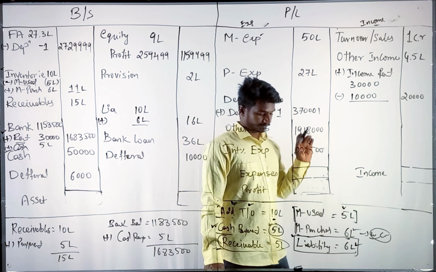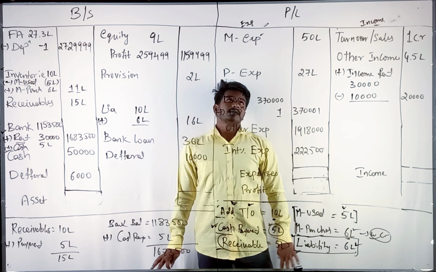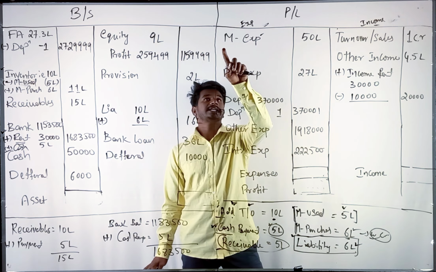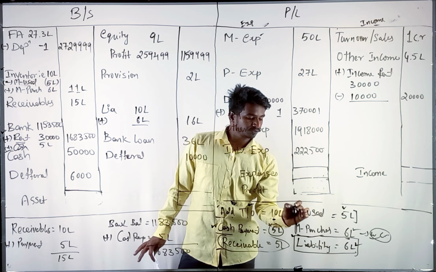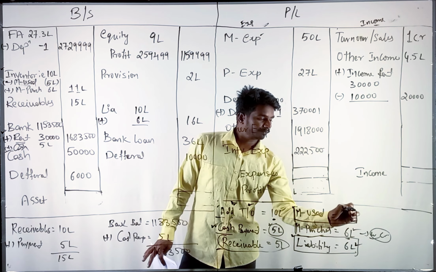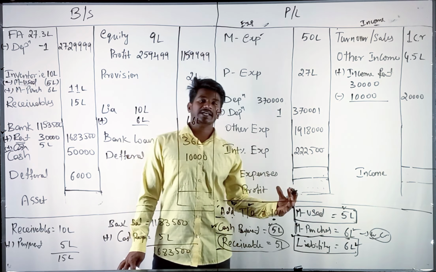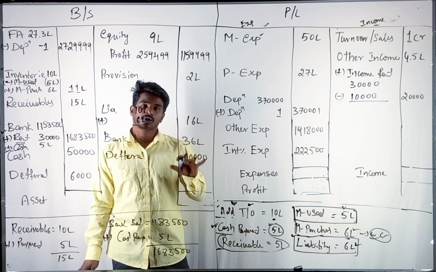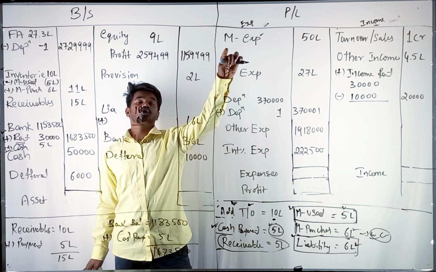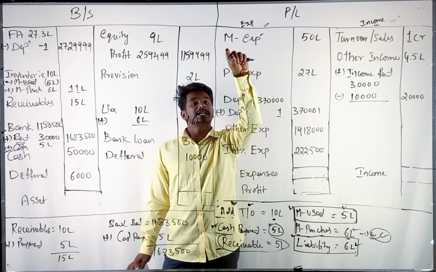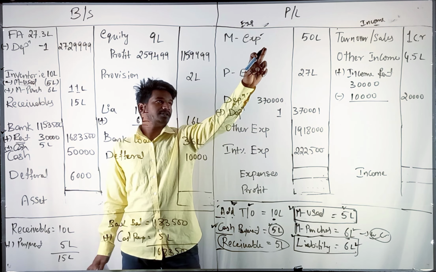Is that fine? Yes. The next thing we should do is P&L. First, material expenses. Is there any change? Yes, obviously, because we have used material for 5 lakh rupees. If we use the material, is it our expenses? Obviously, it is an expense for 5 lakh rupees, and we should show in the expense side of P&L, in material expenses.